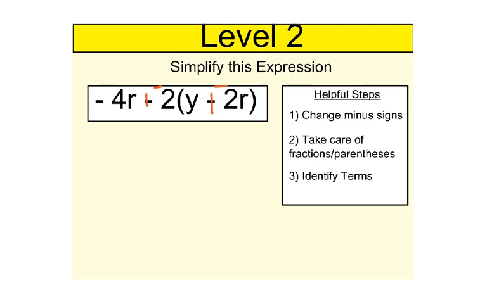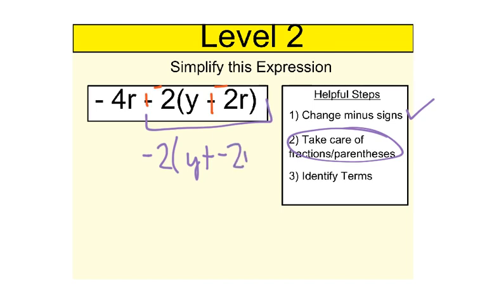Okay, now these kind of problems are a little bit weird because the parentheses are over here. I changed my minus signs. Now it says to take care of fractions and parentheses. So I need to go and do this part of the problem. Maybe it would be better if I rewrote it. Sometimes I just cross it off, but I'm going to rewrite this down here as negative 2 times y plus a negative 2r.